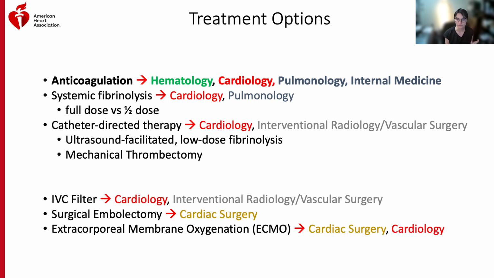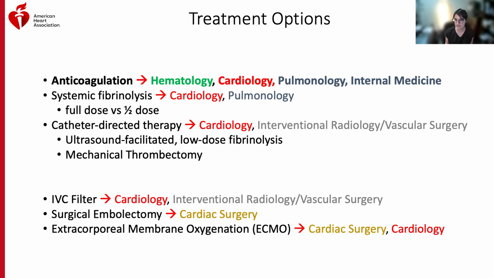And then a role for potentially an IVC filter in very select patients. Time can very often matter for these patients, and so that's where assembling a multidisciplinary team to talk through the options can be very effective and has been shown to reduce mortality and improve outcomes for these patients with pulmonary embolism.